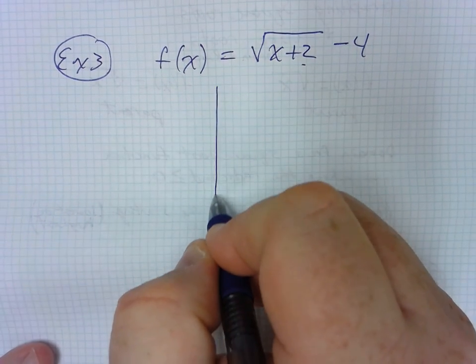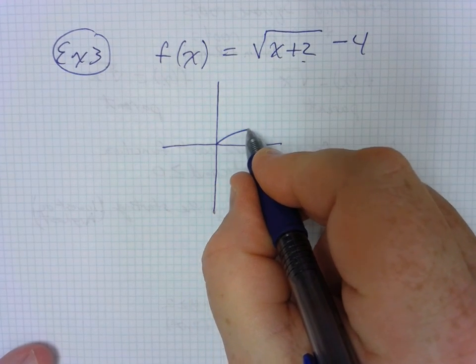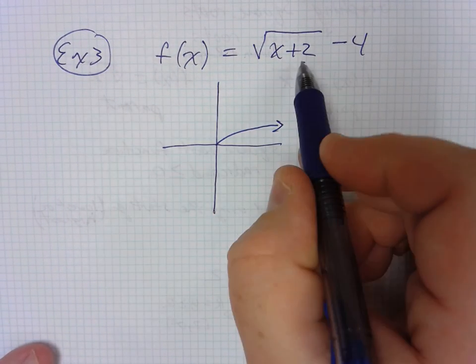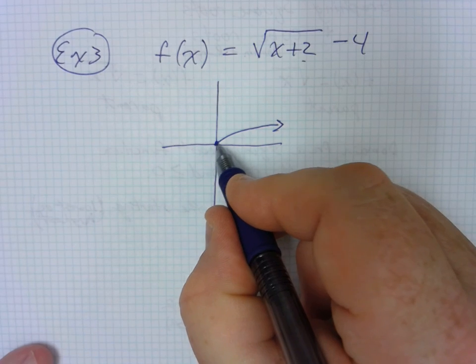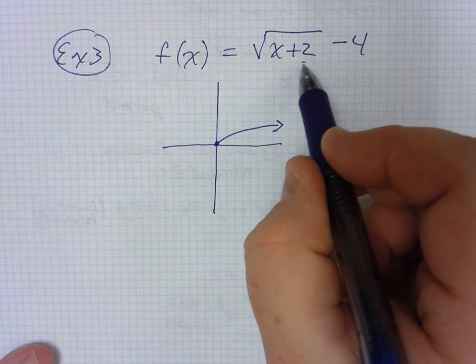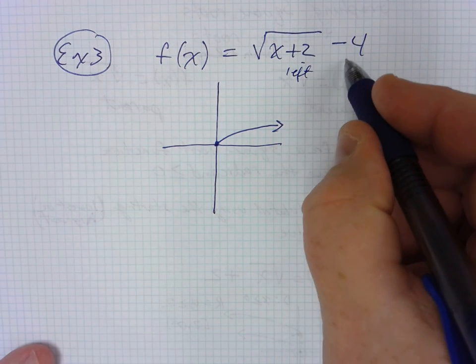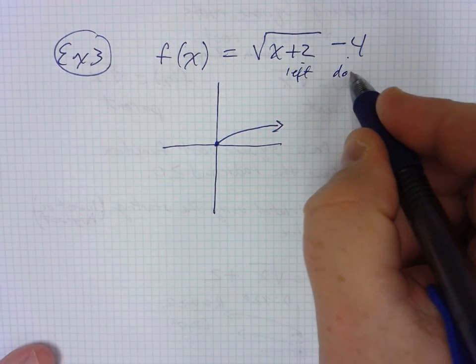So let me start with the parent function. Parent function should look about like this. Now remember, the dot is the starting point. That's what's actually going to move. This says move the dot 2 units to the left. So 2 units to the left. And this is 4 units down.